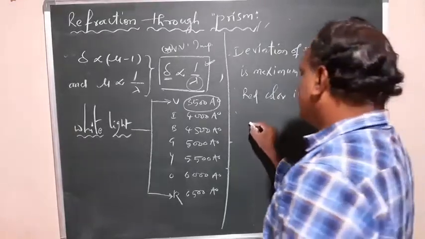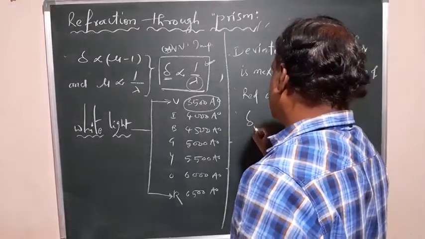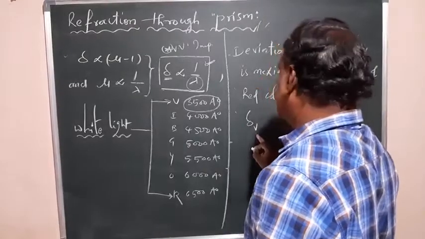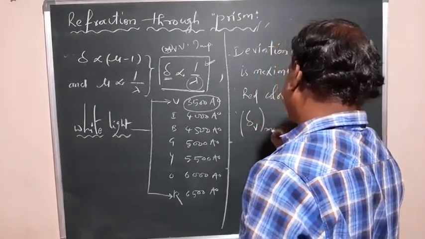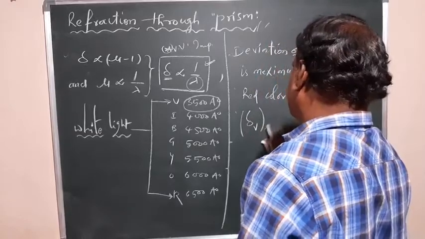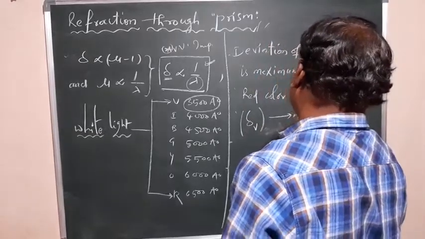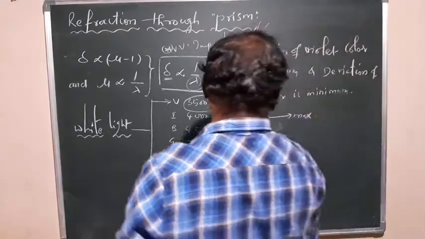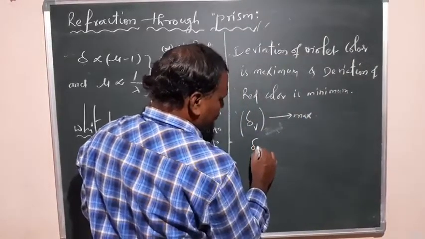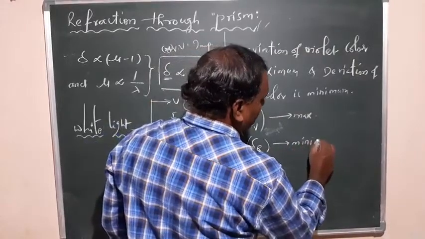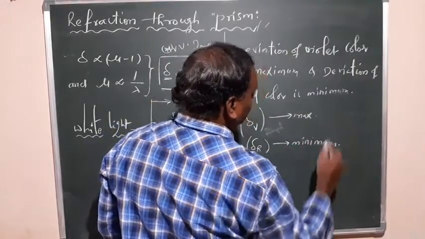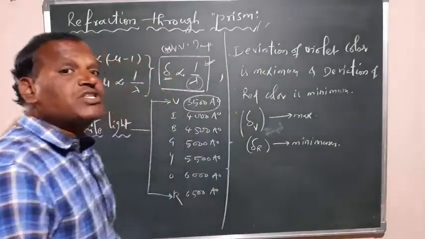That means delta V, the deviation of violet color, is maximum, and delta R, the deviation of red color, is minimum among the white light, or you can say the visible spectrum.